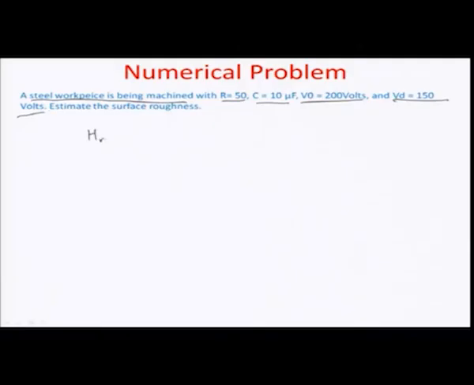value. And if you may recall from the previous lecture, the HRMS is represented as 1.11 q to the power of 0.384, where the HRMS is in microns and q is in mm cube per minute.